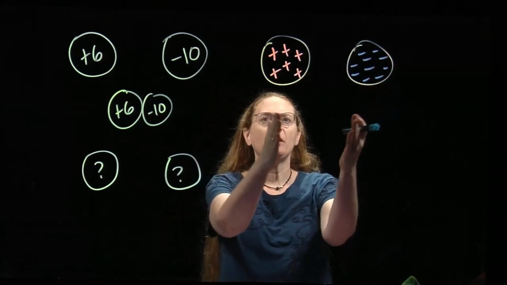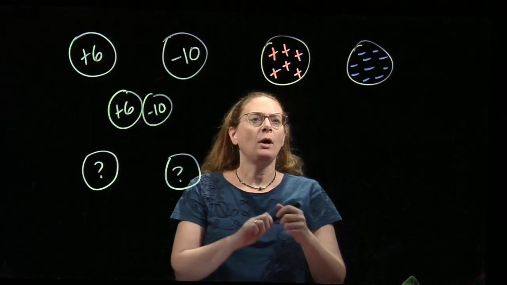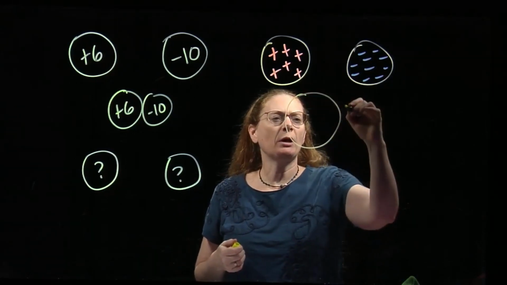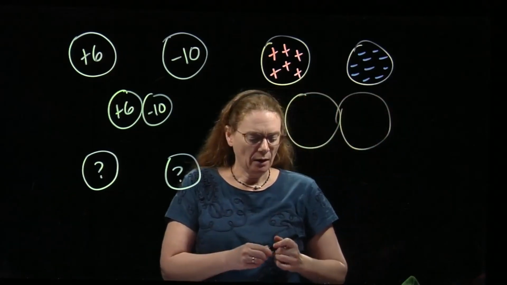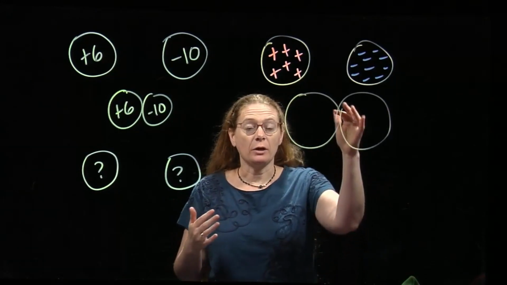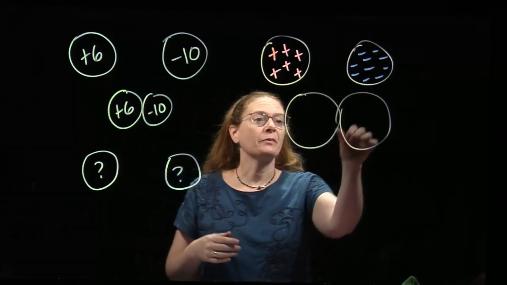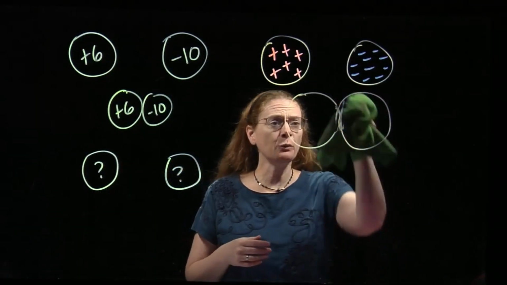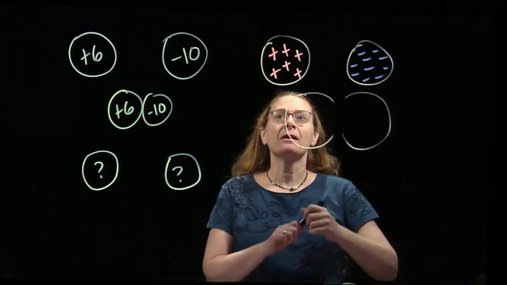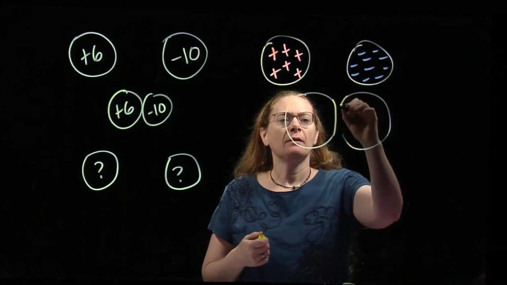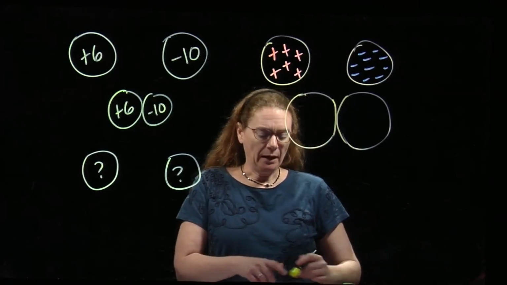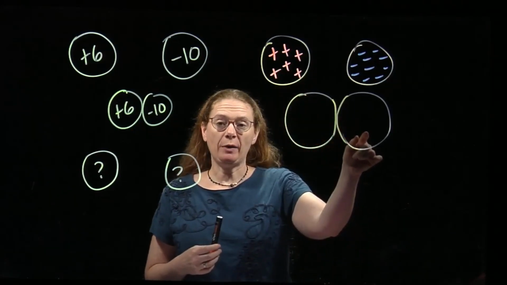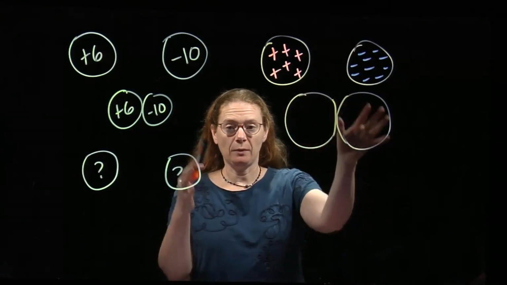And now I'm going to bring them in contact. So when I bring these two metal balls in contact with each other, contact means the charges can move back and forth. So if we have those 6 positives, they're repelling each other, and now I've given them more space to hang out in.